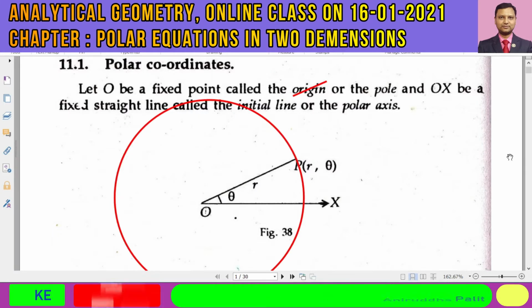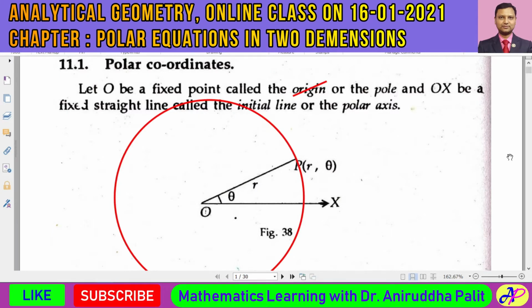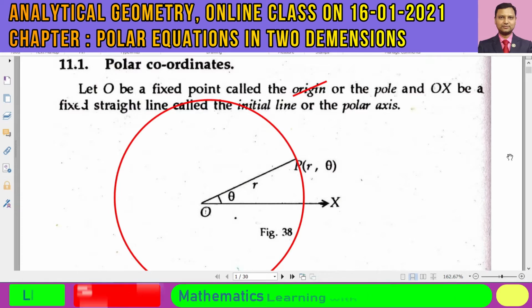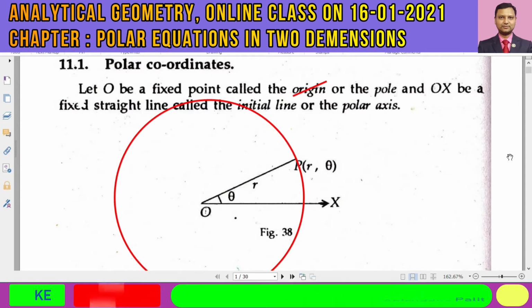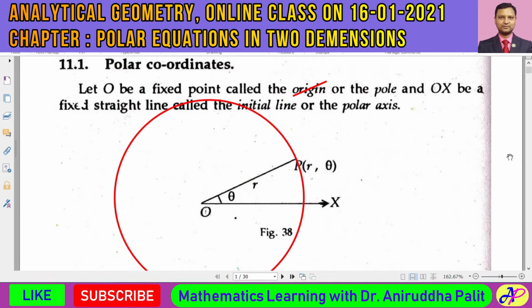So far we have discussed only Cartesian coordinates, and similar to Cartesian coordinates, we have other reference frames as well. One such reference frame, or coordinate system, is called the polar coordinate system.